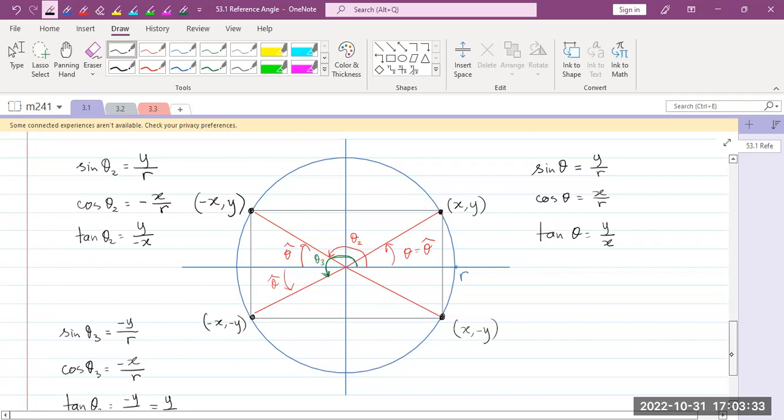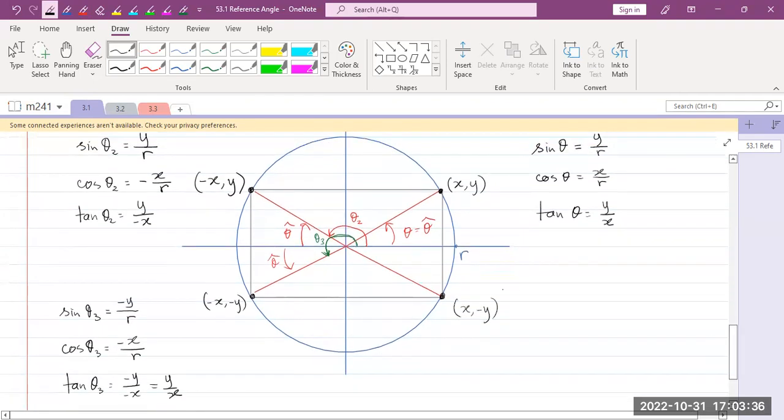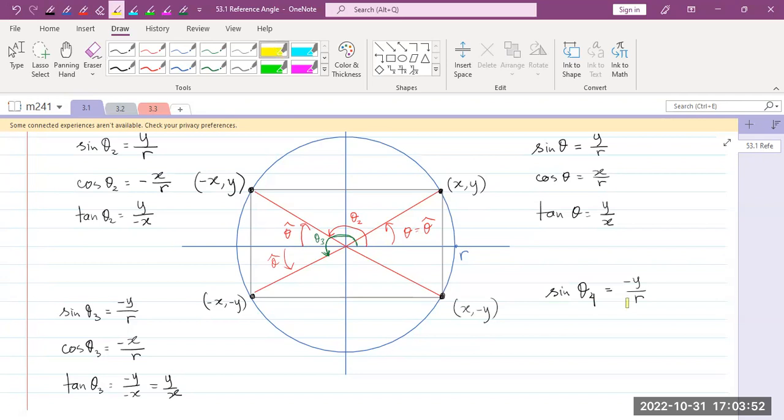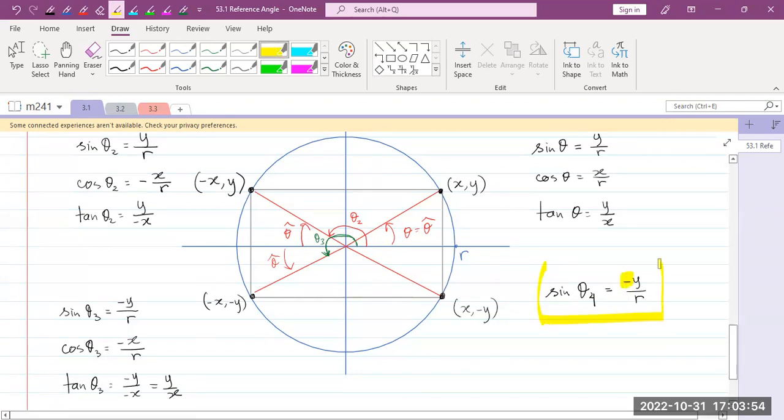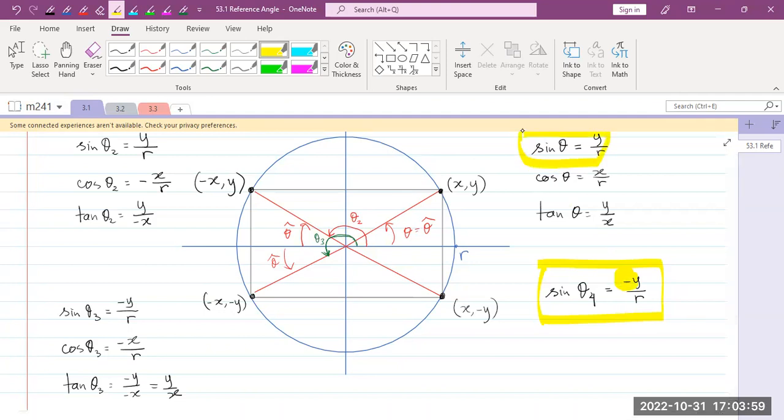The same thing: sine of theta 4 will be negative y over r, which is the opposite of sine of the reference angle. The same number, y over r, but one is positive in quadrant 1, and the other in quadrant 4 is negative.